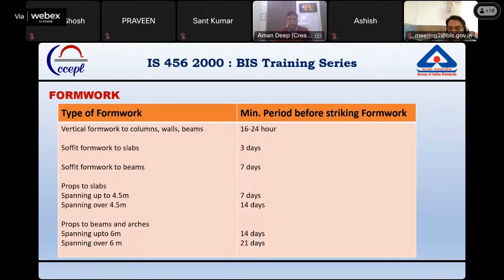Props to beams and arches, generally for up to 6 meters, we can consider 14 days, and if the spans are more than 6 meters, we may have to wait for 21 days. But at the same time, we have to see the rate of gain of concrete strength, and the 7-day concrete strength should also be considered while taking the decisions as per this table.